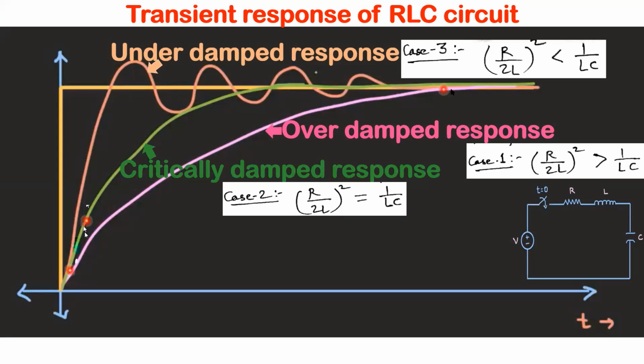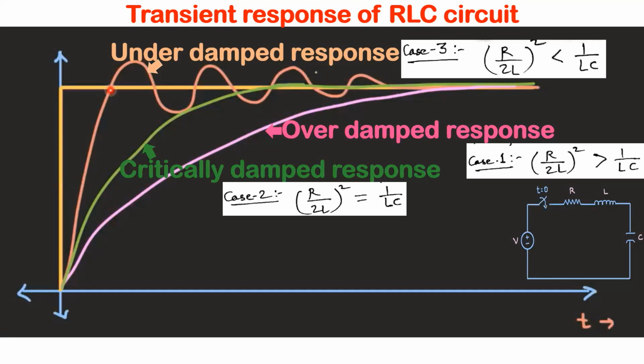In overdamped response, the final value was achieved at this particular time. In critically damped response, the final value was achieved at this particular time, which is earlier than the previous one. And in the underdamped system, it is achieved at this particular time, so it is again earlier than the previous one.